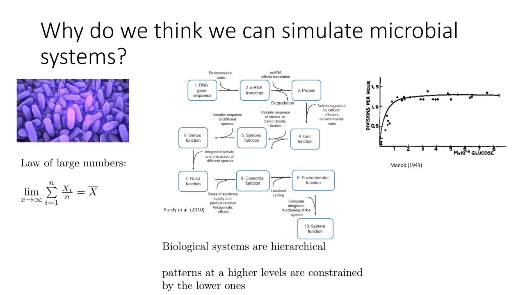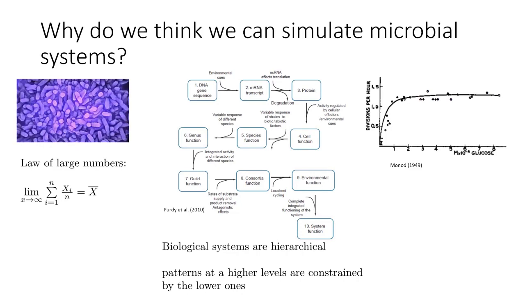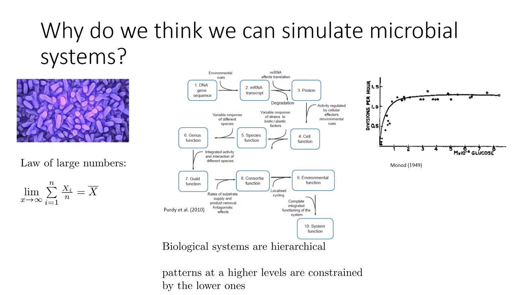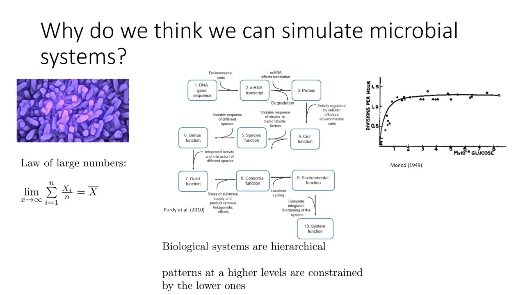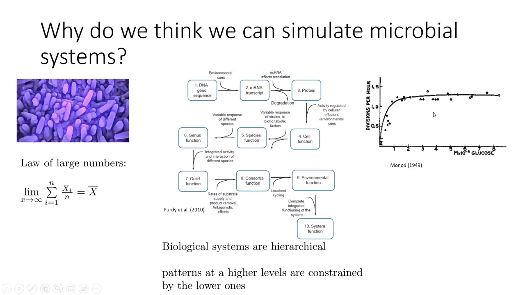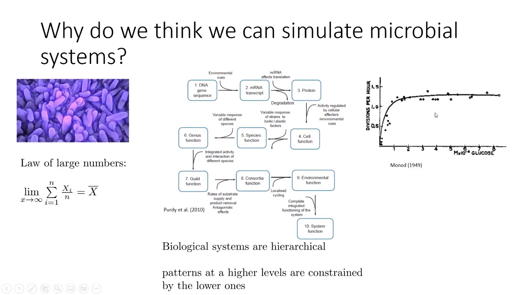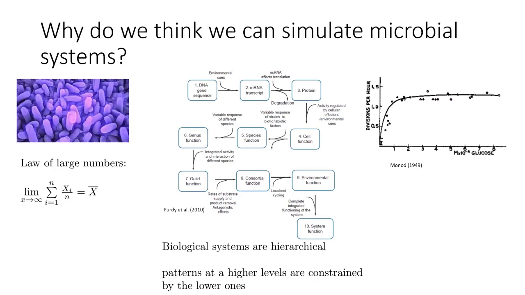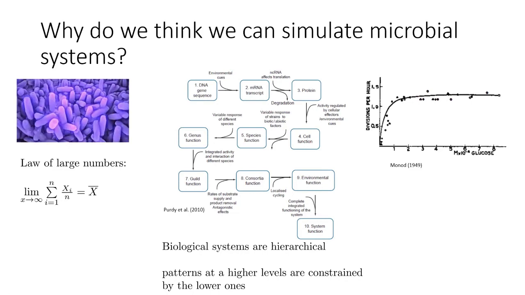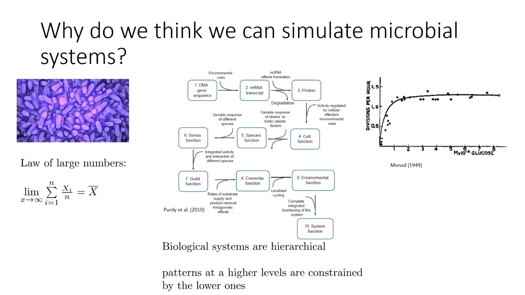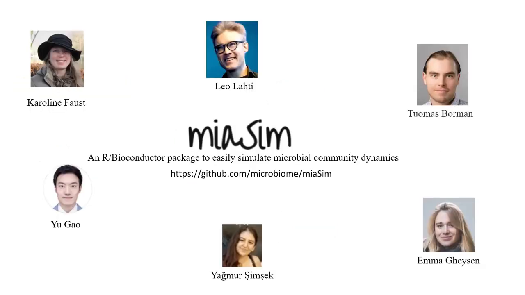And yet, you can find a very simple relationship between the number of divisions per hour and the amount of glucose that you have in the media. So the idea is that patterns emerge from a few simple microscopic features of the system.